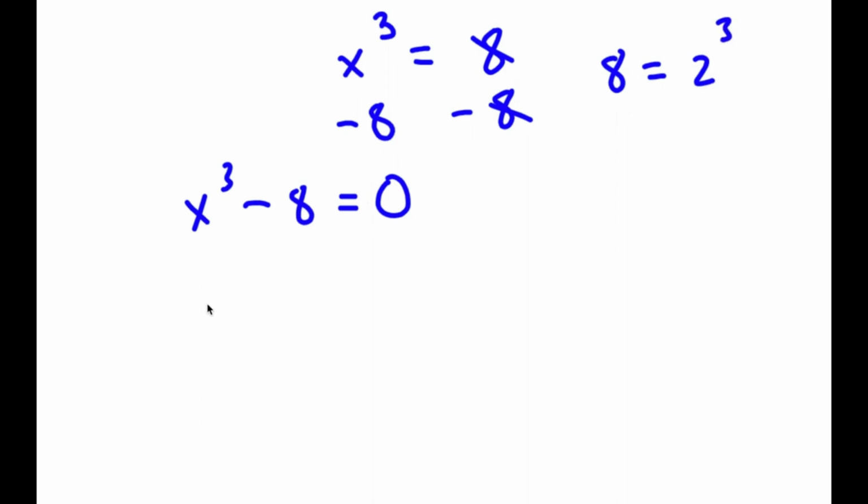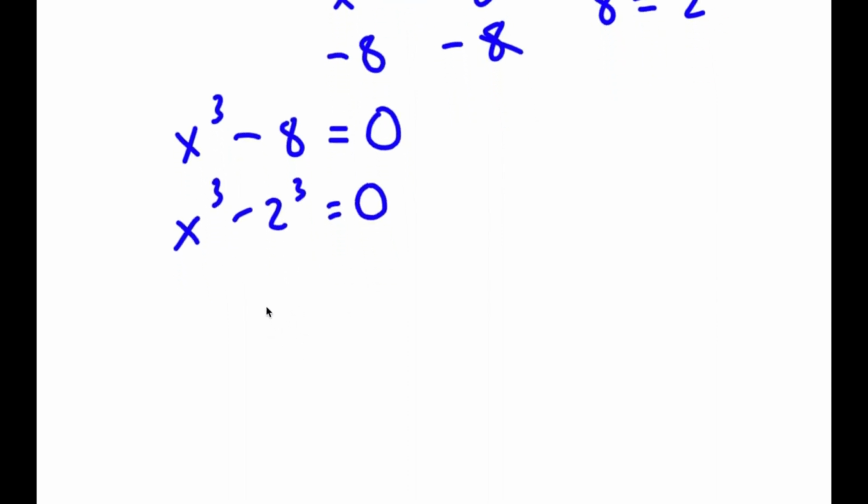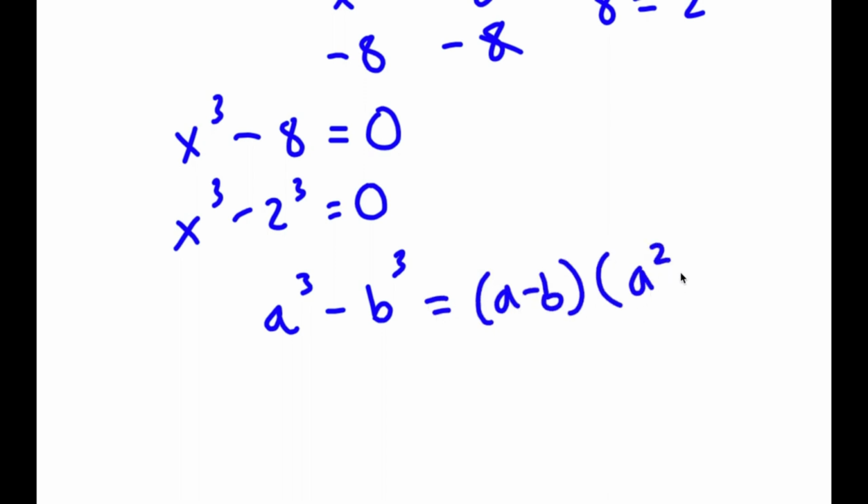So now I have x to the power of 3 minus 2 to the power of 3 is equal to 0. Now, an important property in algebra is that if I have something in the form a to the power of 3 minus b to the power of 3, this is equal to a minus b times a squared plus ab plus b squared.